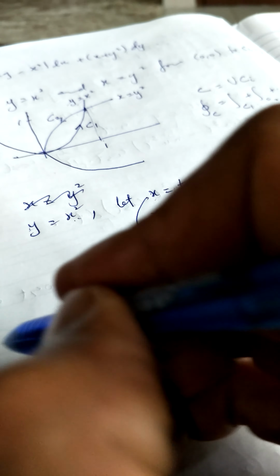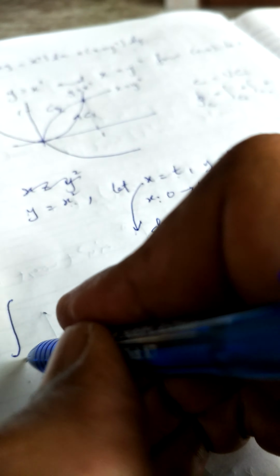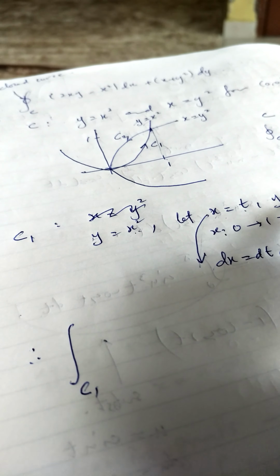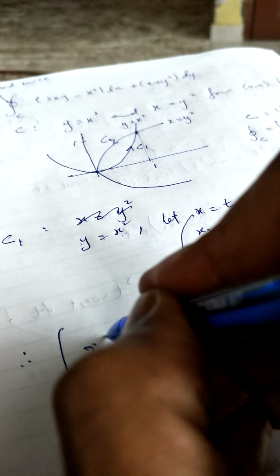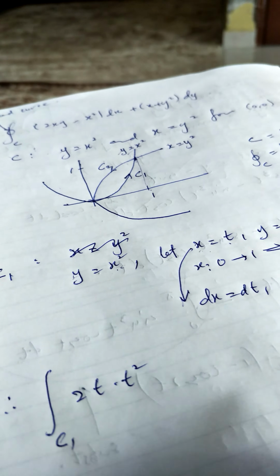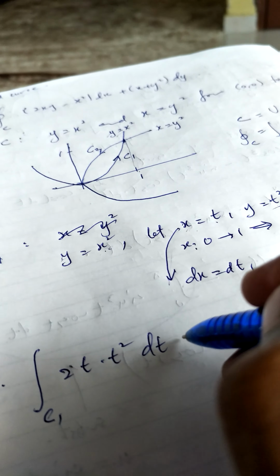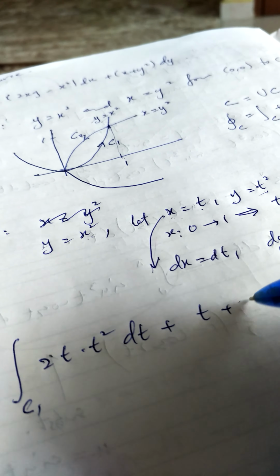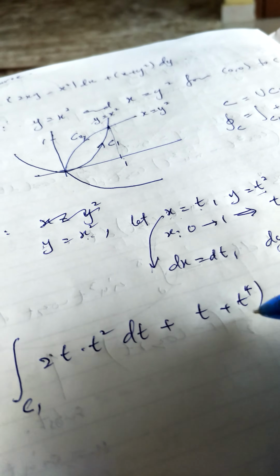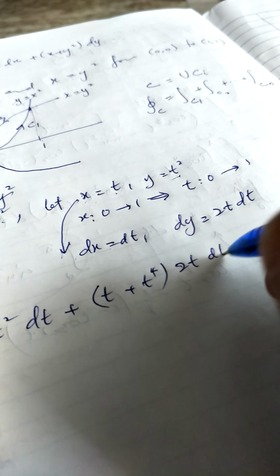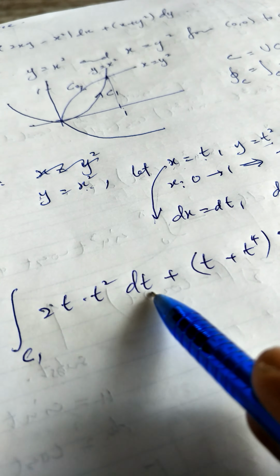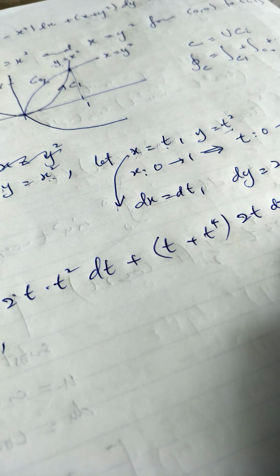So those integrals become, for C1, 2xy: x is t, y is t squared, so we have 2t squared, dx is dt, plus x is t, plus y squared, t squared is t^4, dy is 2t dt. So now you can see the integrand is with respect to t, no more x, y.